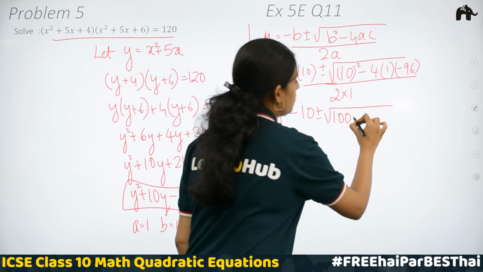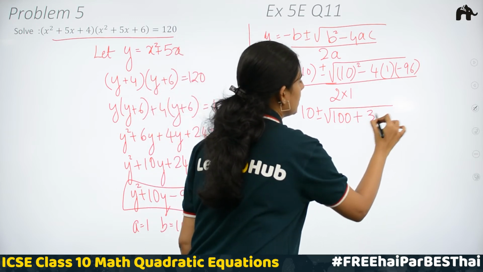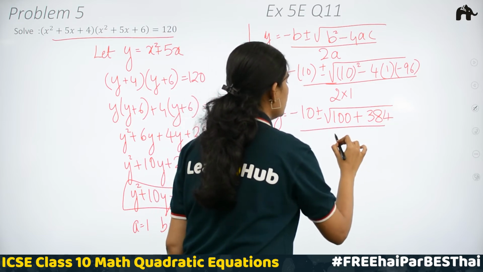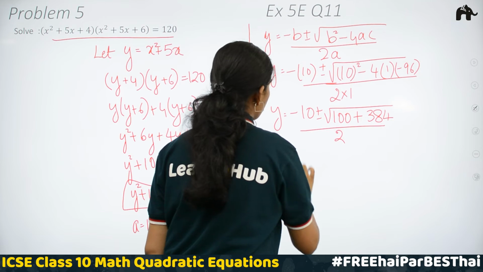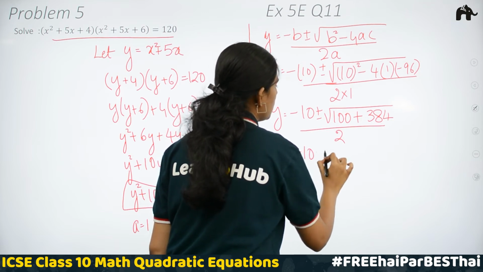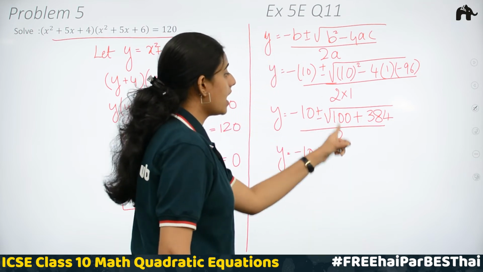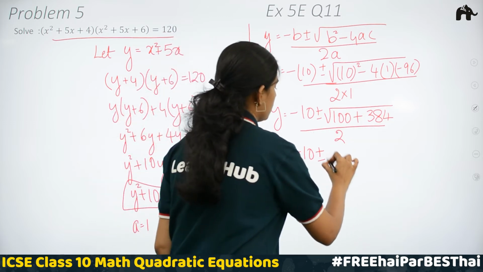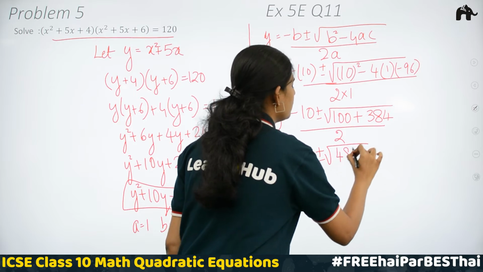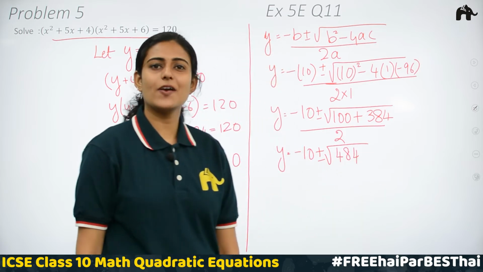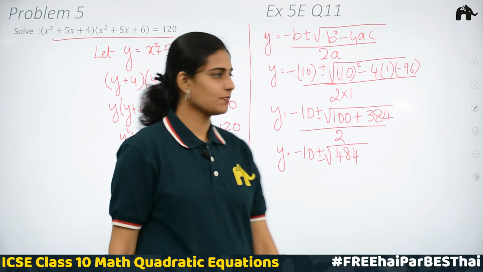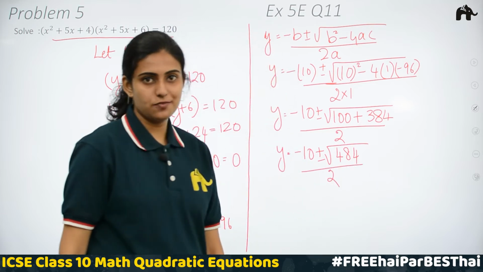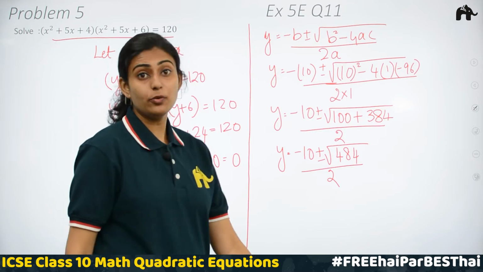Negative into negative is positive, so positive 384, divided by 2 into 1, which is 2. y = (−10 ± √(100 + 384)) / 2. 384 plus 100 is 484. 484 is a perfect square number. What is the square root of 484? Yes, you will be getting 22.